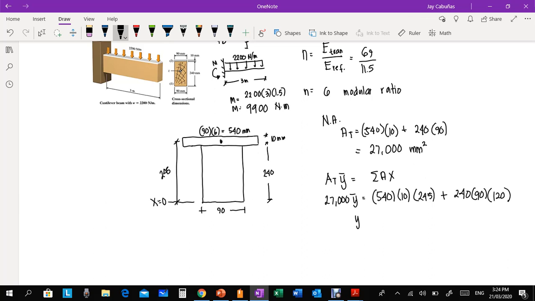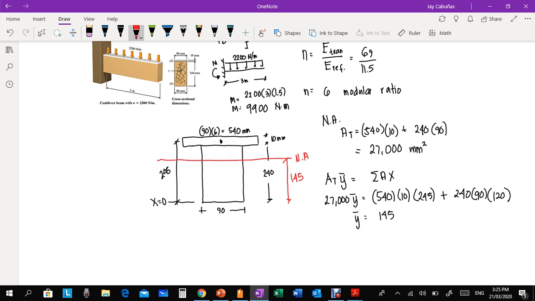Okay, so you have now your barred y is equal to 540 times 10 times 245 plus 240 times 90 times 120 over 27,000. Then you have 145 from the bottom. Okay, so 145 na adri dapita. It's the neutral axis. Again, pag neutral axis ta, ang atoang flexural stress at that point is 0, di ba?